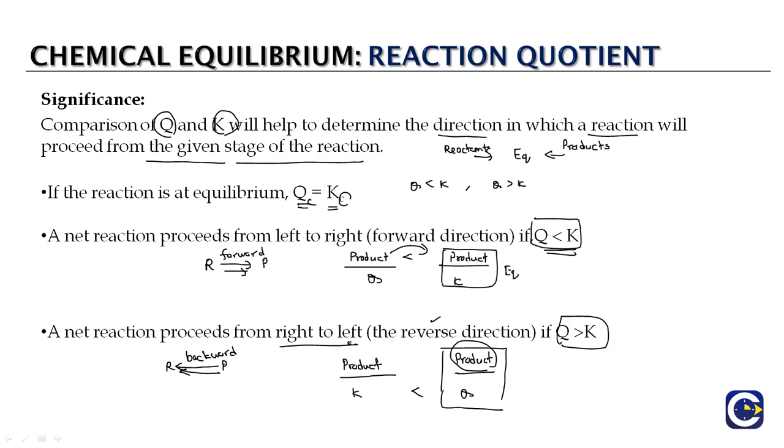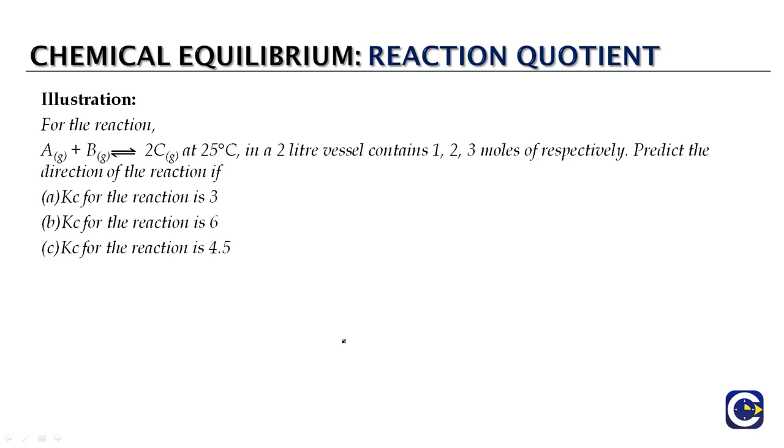So this is the significance of the reaction quotient, which helps us know, from the given stage, in what direction the reaction will proceed. Now we'll try to understand this with the help of an illustration. We have the equation A plus B giving rise to 2C.